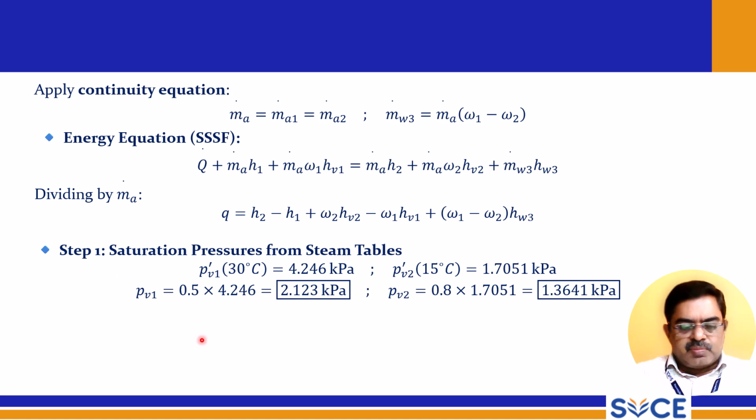So P_v1 is 0.5 into 4.246, that is 2.123 kPa, and P_v2 is 0.8 into 1.7051, so that becomes 1.3641 kilopascals. So this is the first step.